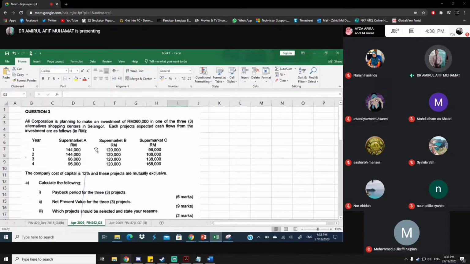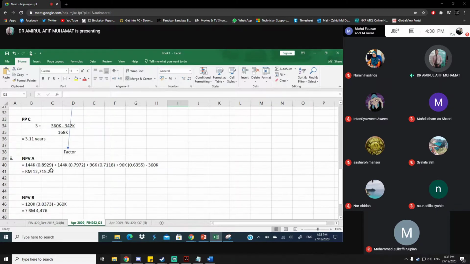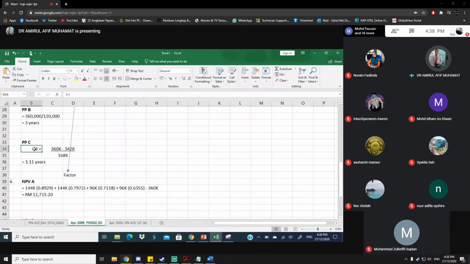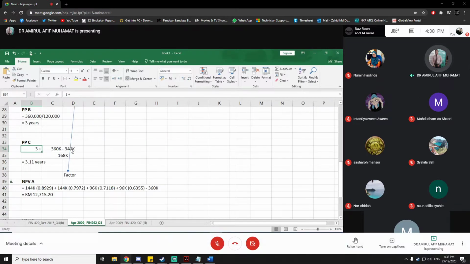So the situation is the same as supermarket A. It's just that supermarket A, the income is slightly higher in the early period. In the early years too it is slightly higher. The third year too is getting slightly lower. This one is gradually increasing. So if you look here, in the third year, the company almost covered the cost, which is 342,000.